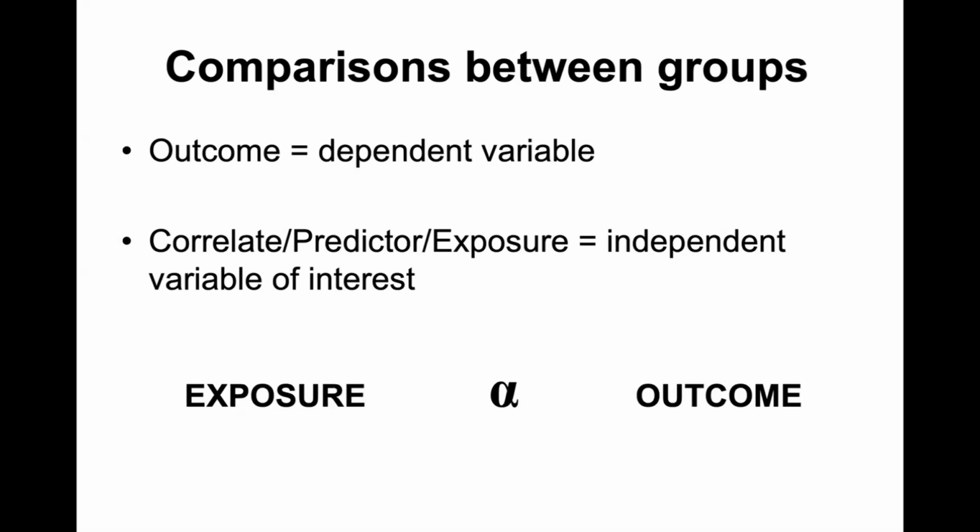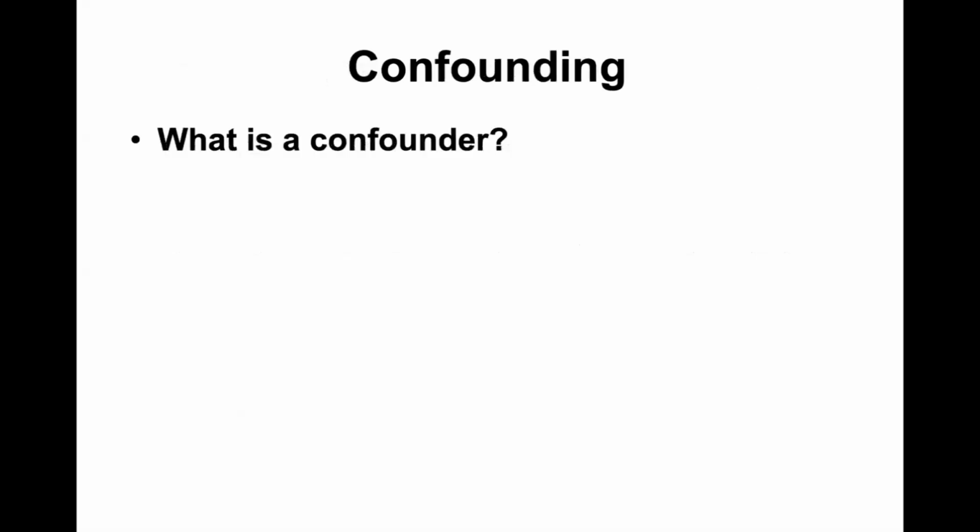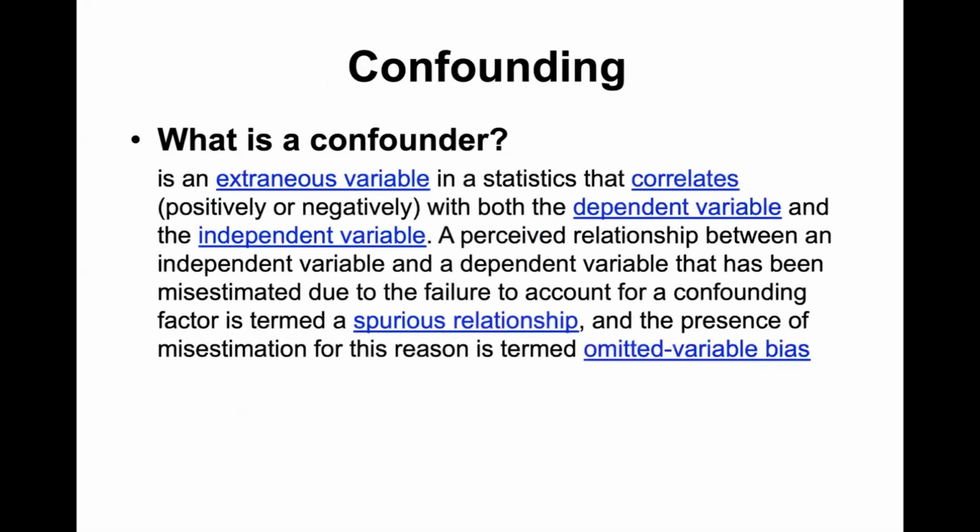Then we spend our whole time trying to rule out and eliminate bias, and in statistical language, that is called a confounder. What's the definition of a confounder? A confounder is an extraneous variable in statistics that correlates with both the dependent variable or outcome and the independent variable, the exposure.